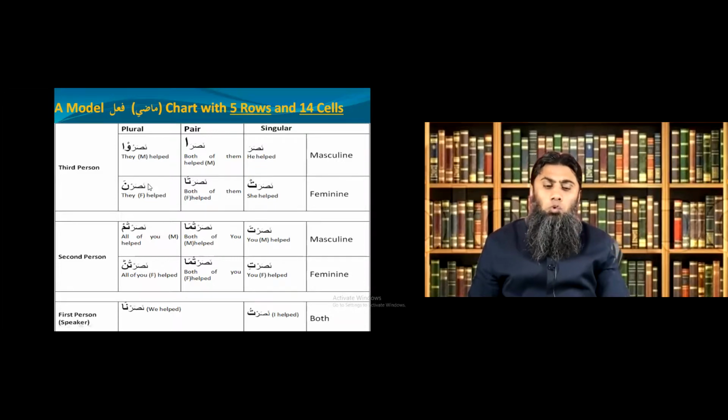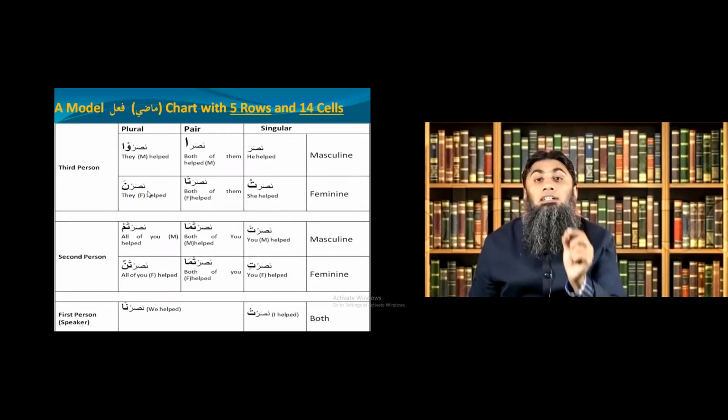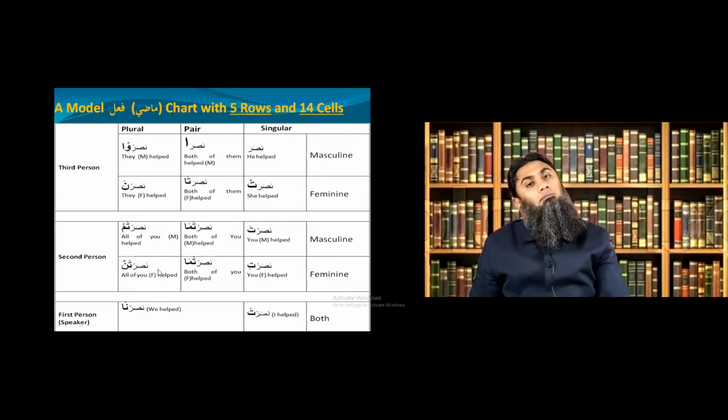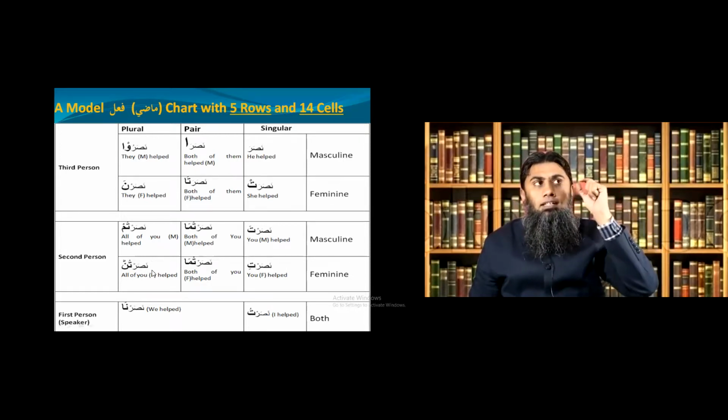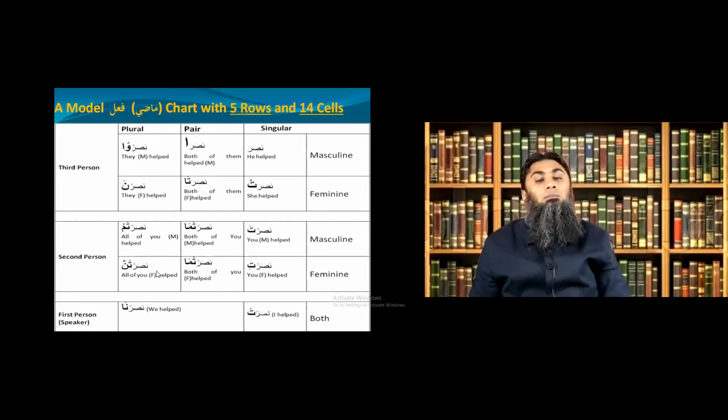Simple. Just recall what the independent pronoun in cell number 6 is. That's the doer. Likewise, if you want to know who's the doer in cell number 12, nasartunna, simple. Recall in your mind the independent pronoun of cell number 12. That's the doer of cell number 12.